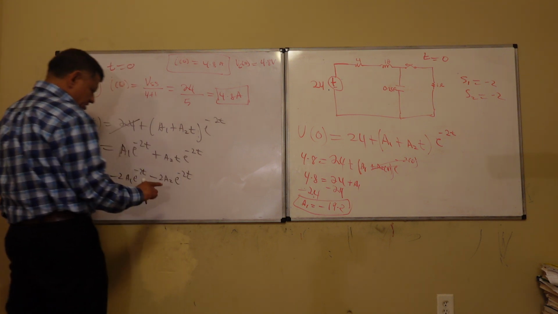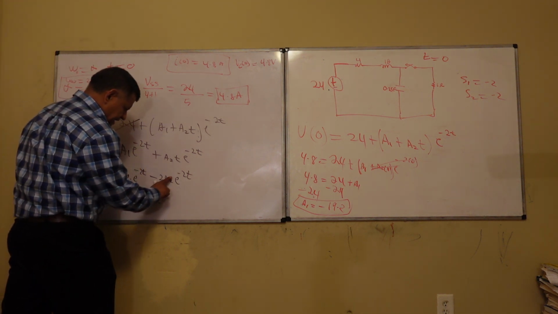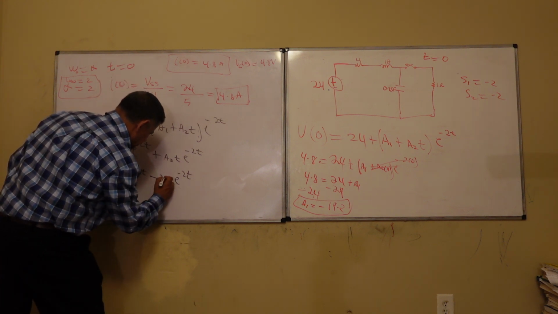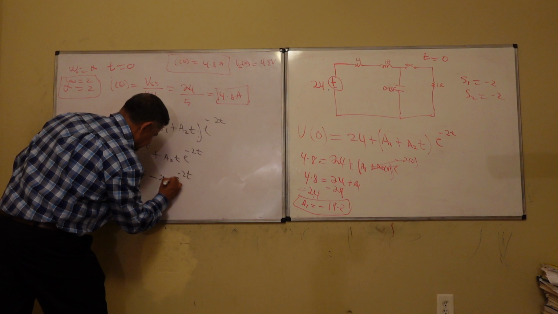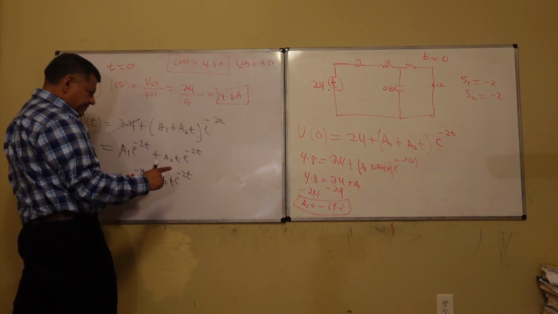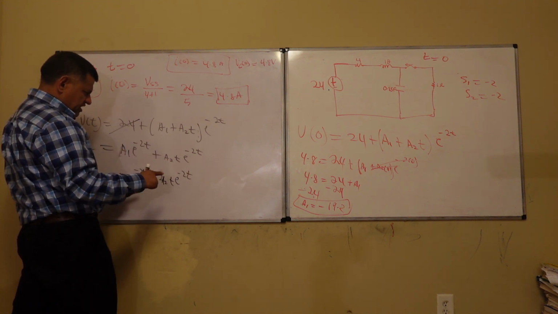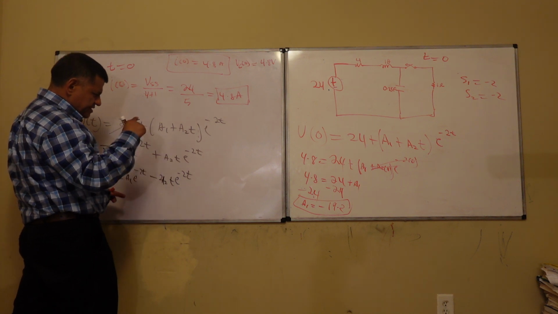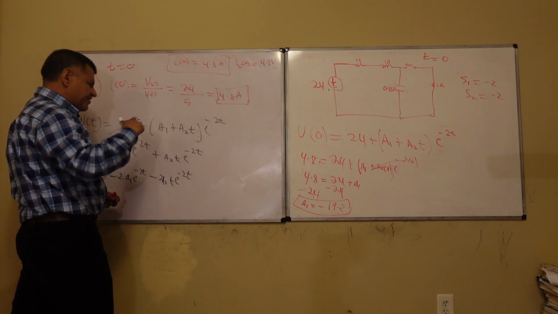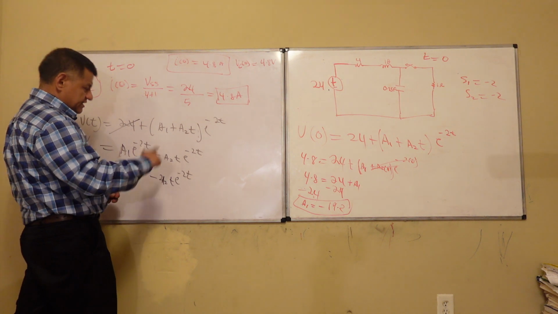Let me just do this step by step. I keep my t. Now I say plus, because I am using the product rule: the derivative of the second times the first plus the derivative of the first times the second.